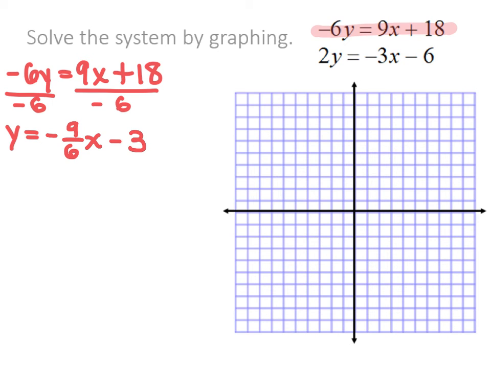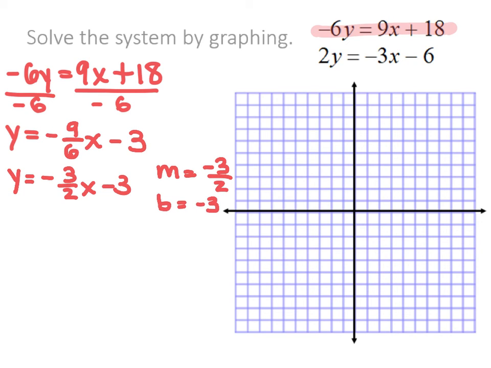Now that 9 over 6 can simplify to negative 3 halves x minus 3. So I know that my slope is negative 3 over 2. The y-intercept is negative 3. So I can plot my y-intercept, graph another point on the line, and then draw in the line.